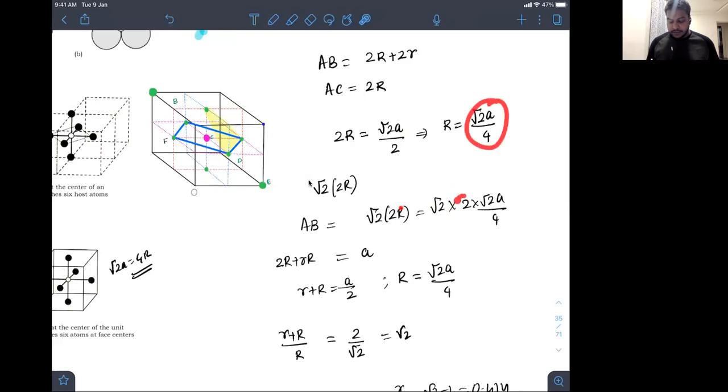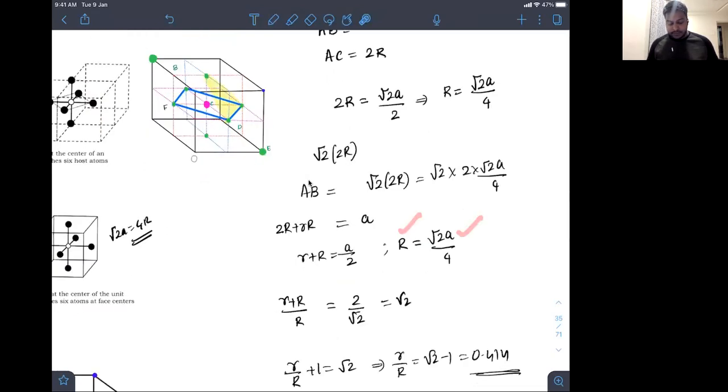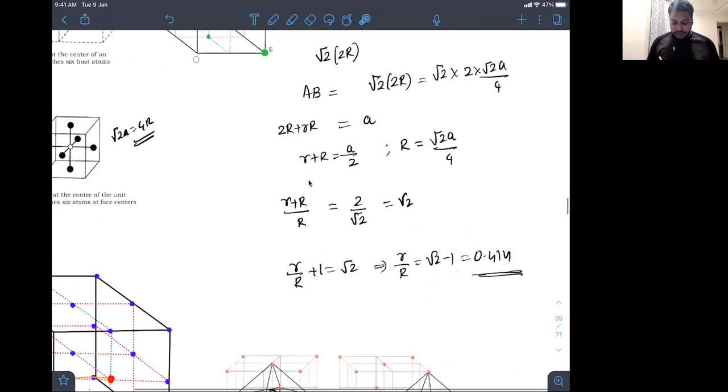So 2R plus 2r is equal to a. So R plus r is equal to a by 2, and capital R is equal to √2a by 4. So therefore, (R plus r) by R is equal to √2. We are getting that as √2. So r by R, we will get this as 0.414.